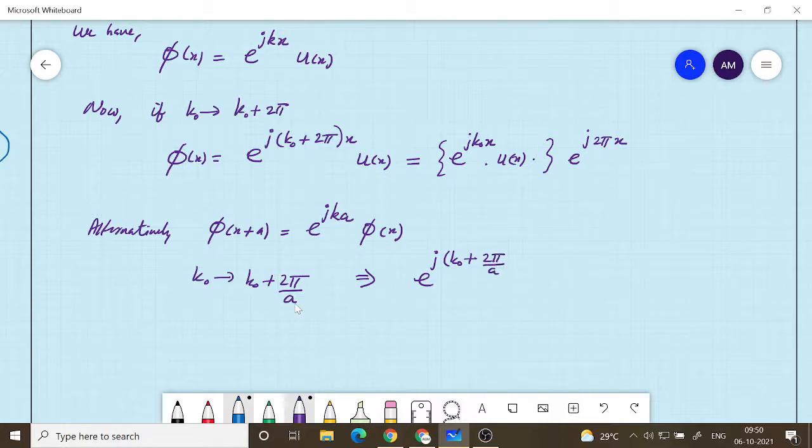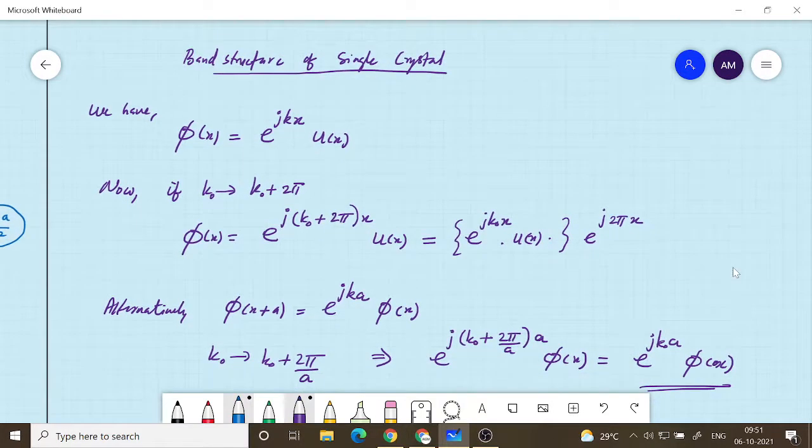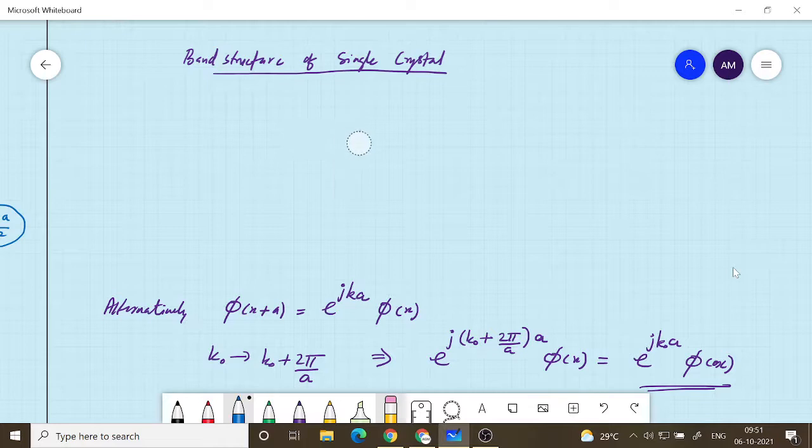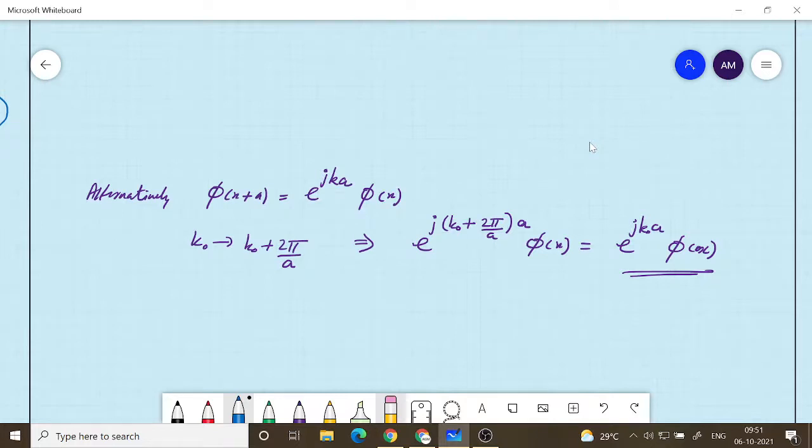If I shift k naught to k naught plus 2 pi by a, then here it will become this into phi of x. So this is going to be basically e raised to j k naught a phi of x. We can ignore the above thing, since it is not very clear. Both are the same relationship. One can be derived from the other. We have shown that in the previous class.